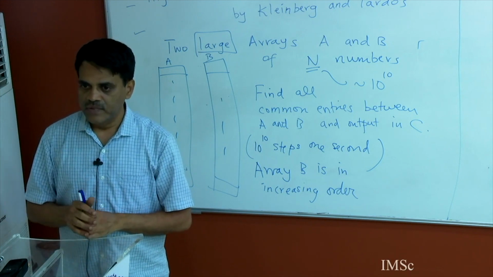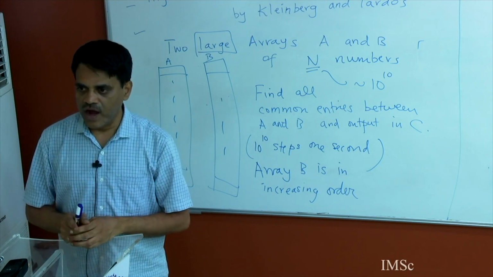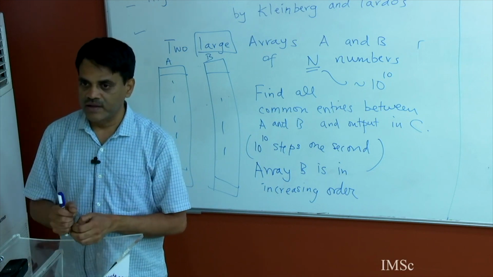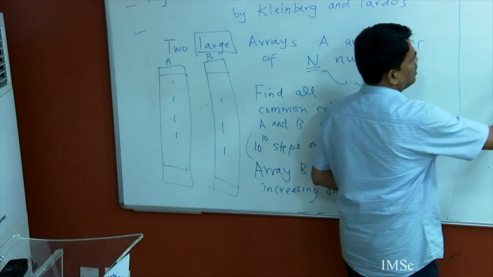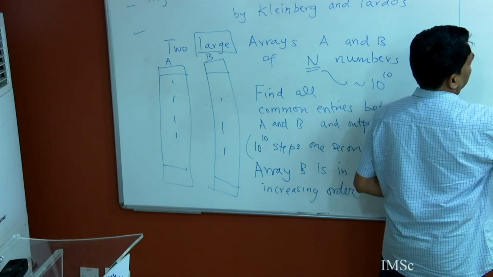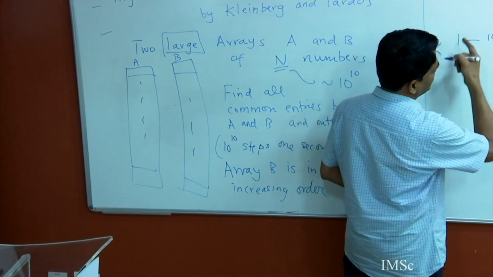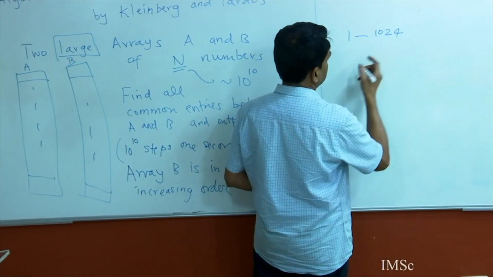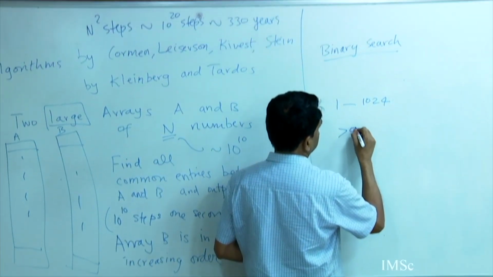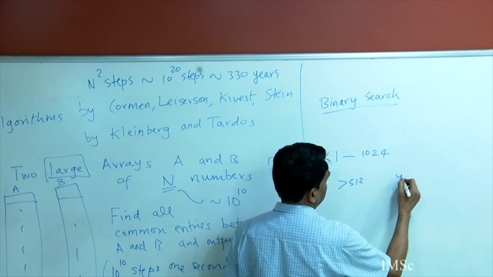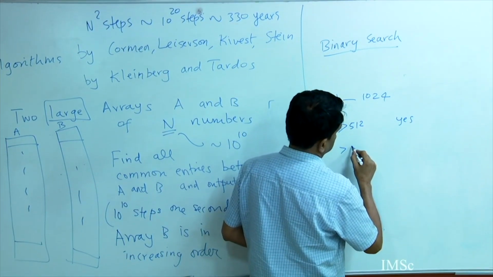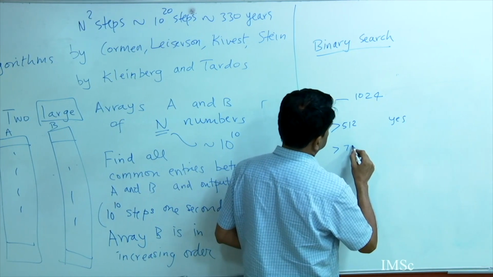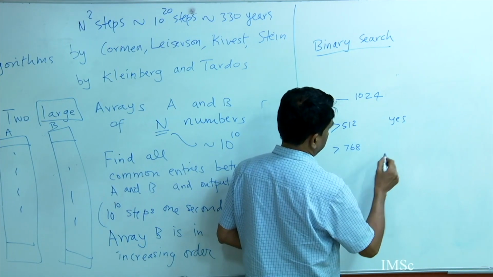So this algorithm of asking exactly in the middle, right? So let's make life simpler. Suppose I think of a number between 1 and 1024. You ask, is it greater than 512? And I say yes. Then you ask, is it greater than 768?